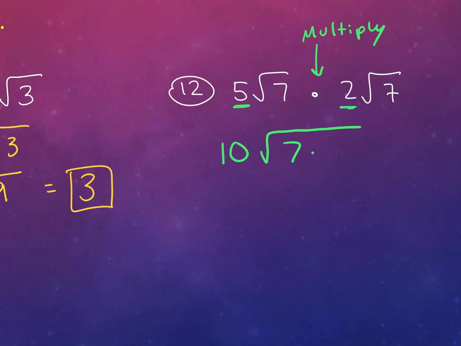So this would be 7 times 7 on the inside. Do I actually have to multiply 7 times 7 together? What does it take to get out of the inside of a radical? A pair. So I have a pair of 7s. So what happens to the pair of 7s? It can go outside.